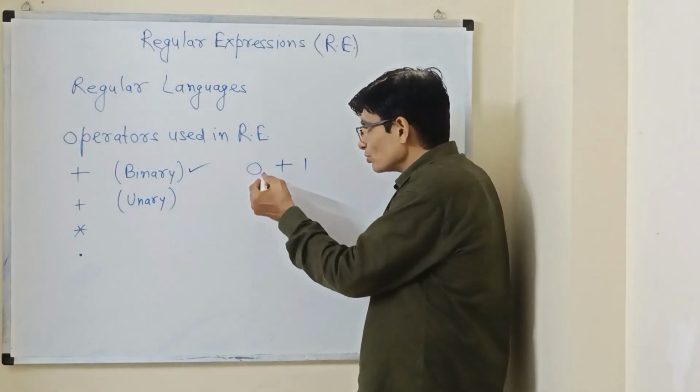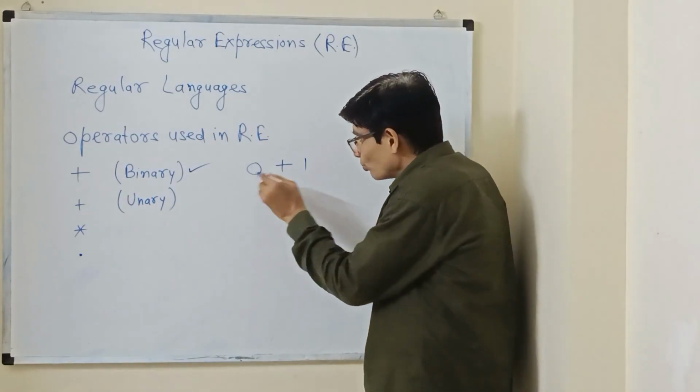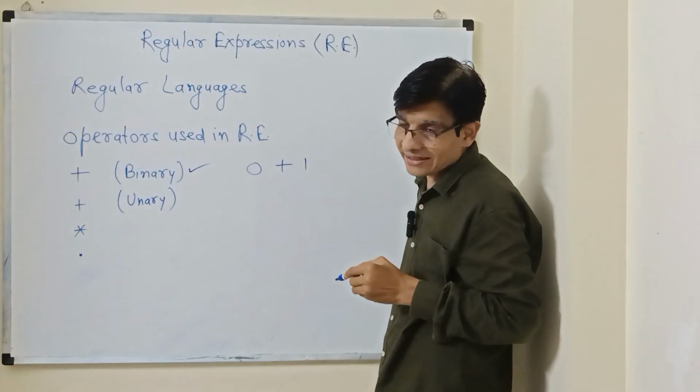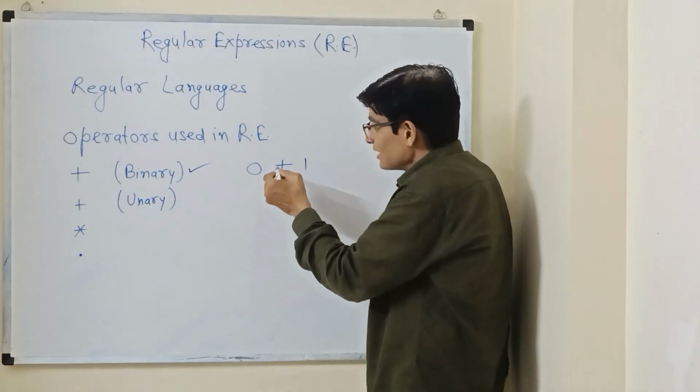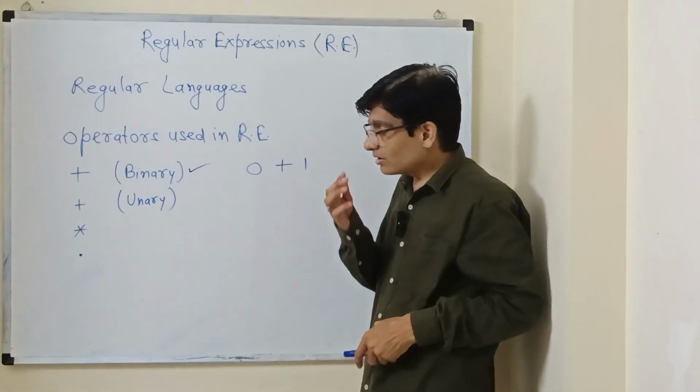That means either you can select 0 or you can select 1, but not both. Any one of them you can select. So this binary plus provides the choice between the two symbols.